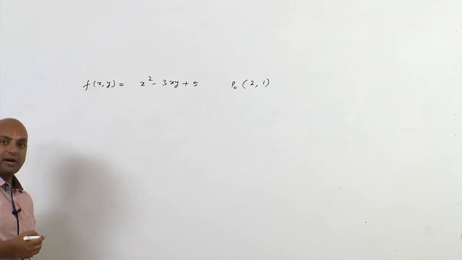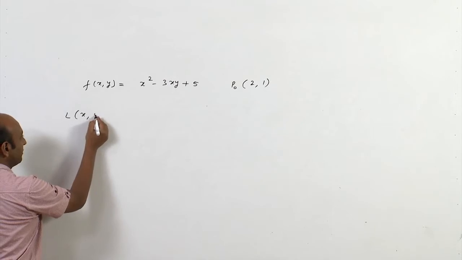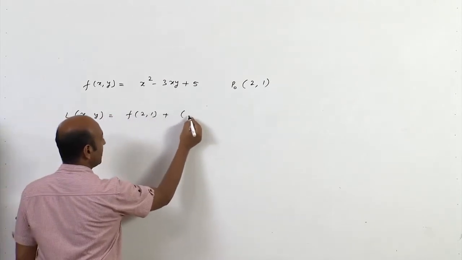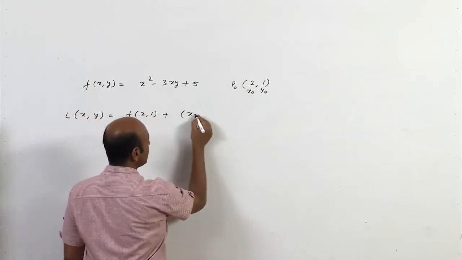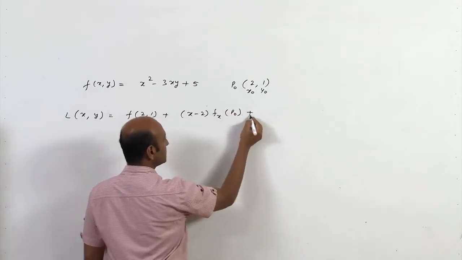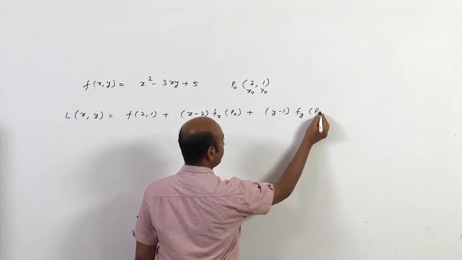So, first we have to find out the linear approximation of this f. Linear approximation is given by f at (2,1) plus (x minus x naught) f_x at P naught plus (y minus y naught) f_y at P naught.